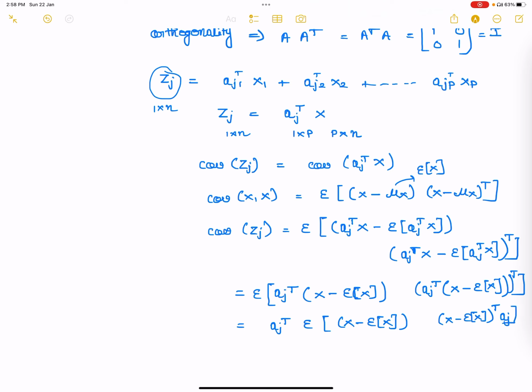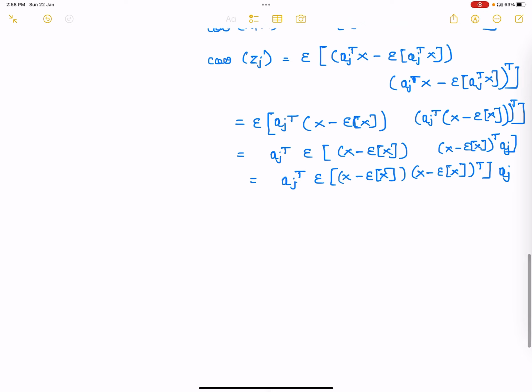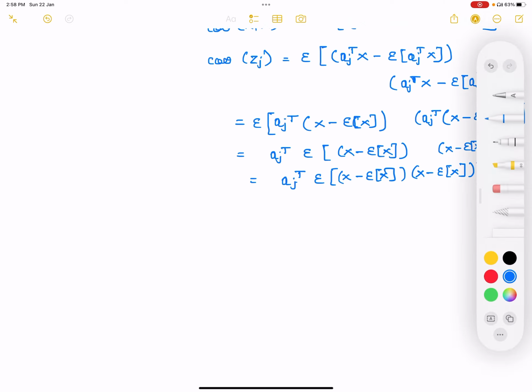And Aj is a constant. In the next step, we can take it outside. So it will be nothing but X minus E of X into X minus E of X transpose.